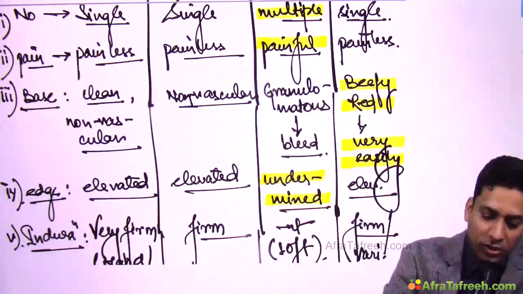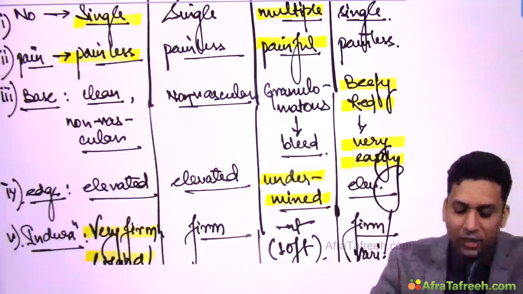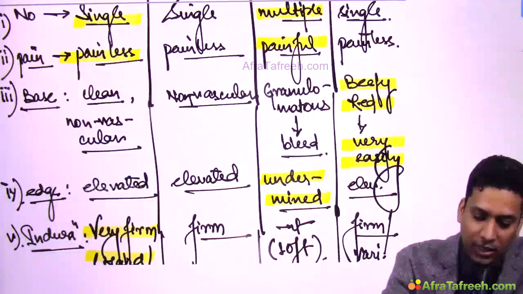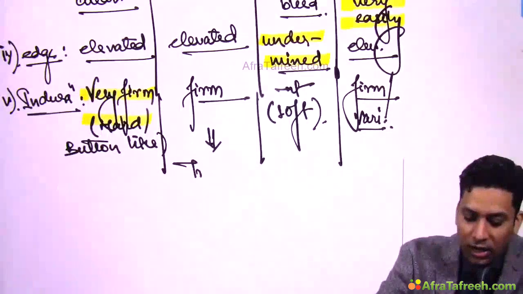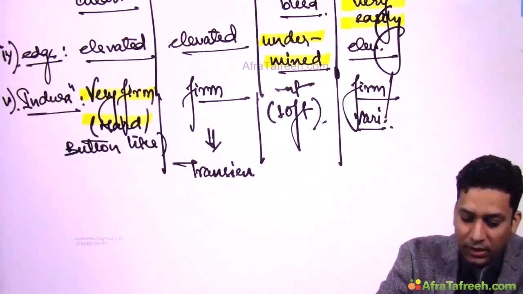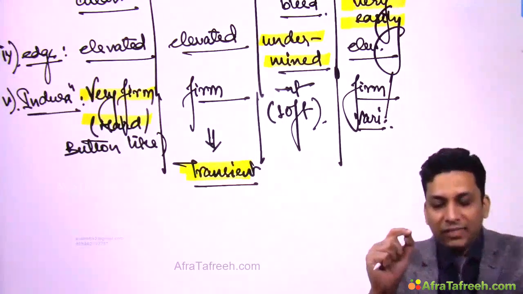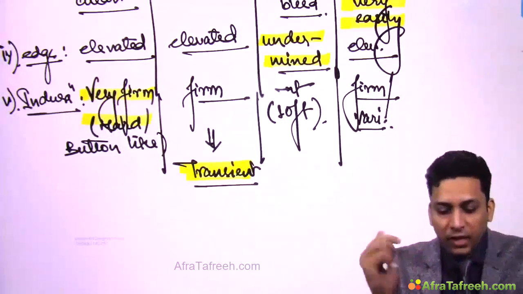Similarly, if they mention that a single painless firm or hard chancre is seen, then it is probably syphilis. And in LGV, you can note down one more point, that these genital ulcers are transient, that is, they last for a very short duration. This is an important clue towards LGV. By the time the patient presents, most of them might have healed.